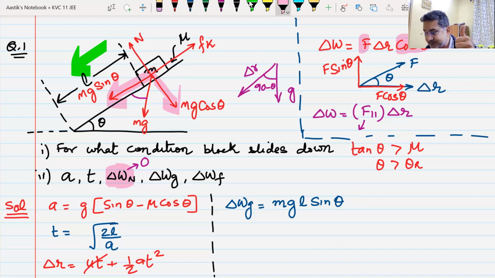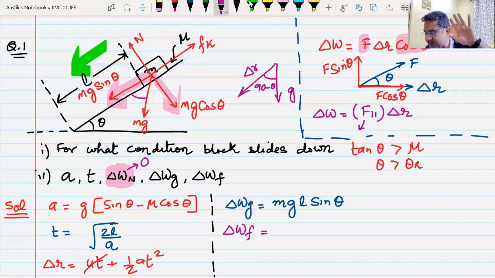Yes or no? Great. One more thing left, that is the work done by friction. Who is going to tell me the work done by friction? Am I audible and visible to all of you?